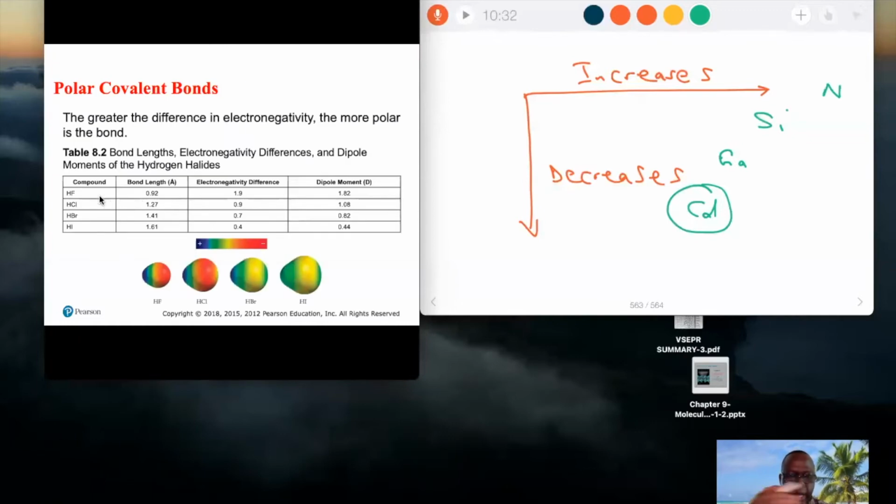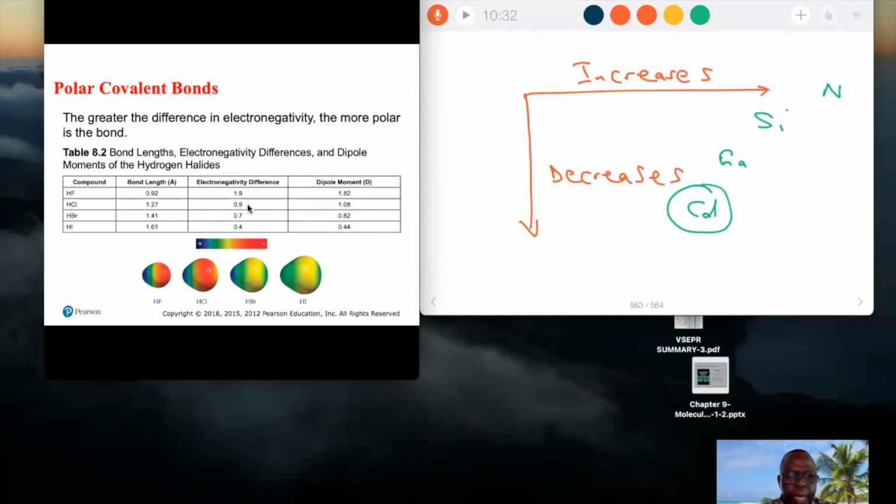The difference in electronegativity values, which you need to remember the range for, can be used to determine whether the bond between two atoms is ionic, polar covalent or non-polar covalent.